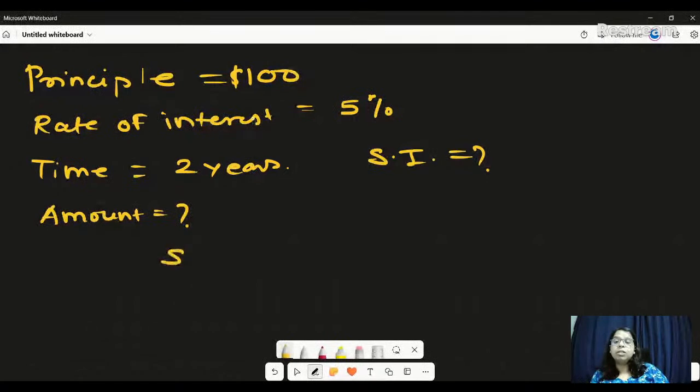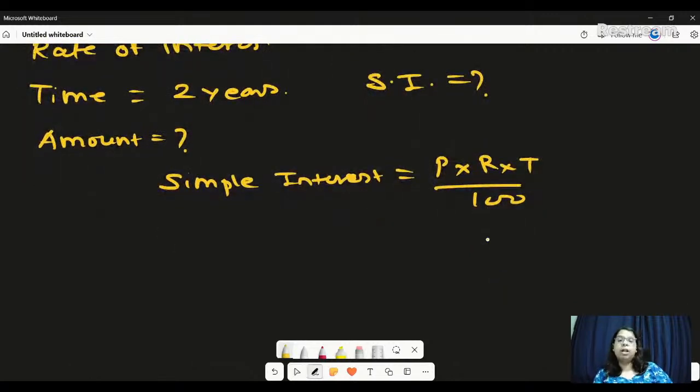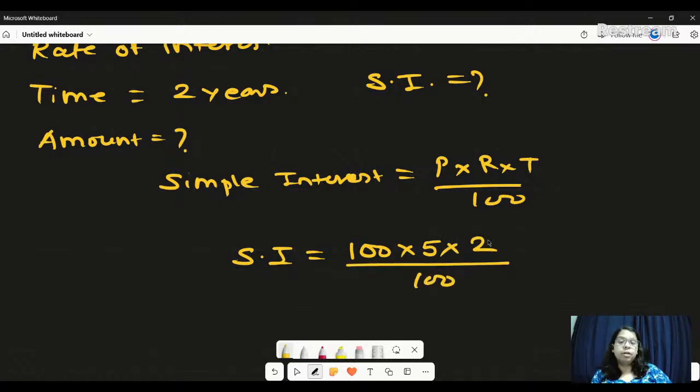Now the formula for simple interest is PRT over 100. That means principal into rate into time over 100. That will give you the simple interest. So here your principal is 100, your rate of interest is 5, your time is 2, the whole over 100.